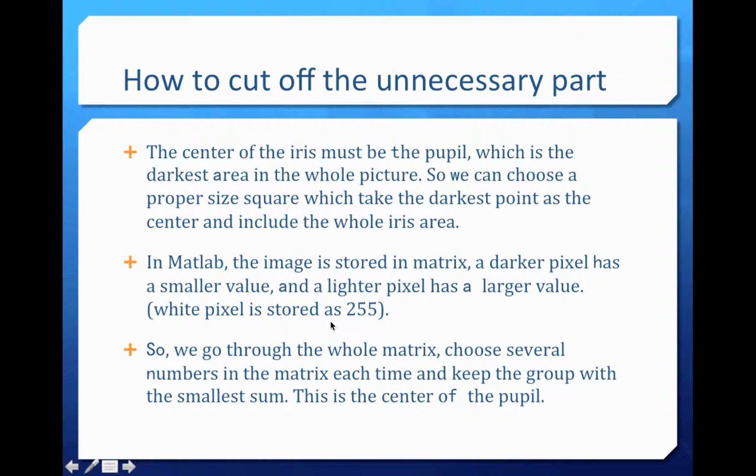So we go through the whole matrix, and every time we choose several numbers in the matrix as a group, we calculate the sum of the values of this group, and we only keep the group with the smallest sum. Then this group represents the pixels which must be the darkest part in the picture, which must be the center of the pupil.